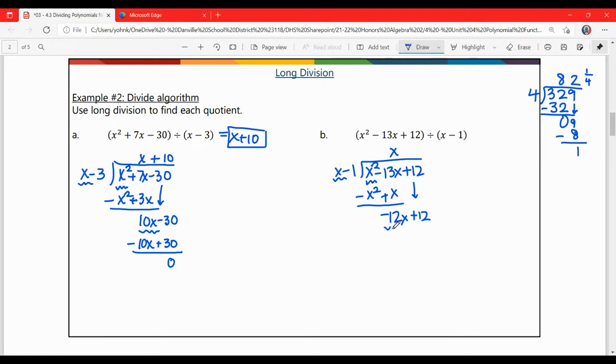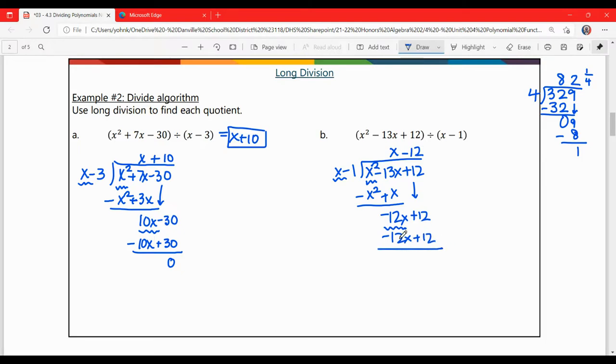Then again, you only look at the beginning thing. So what do you multiply x by to get -12x? The answer is -12. So then you multiply. -12 times x is -12x. And -12 times -1 is a positive 12.